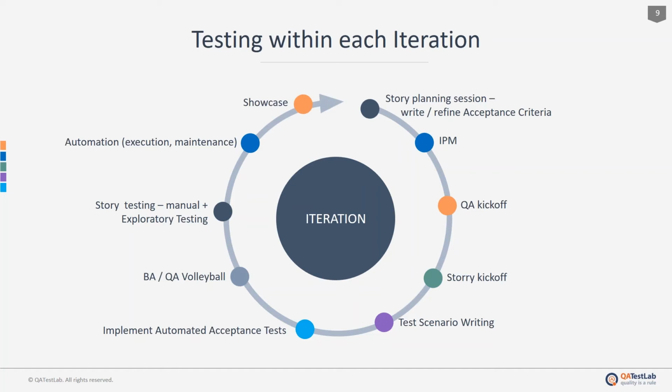Then comes the iteration planning meeting, IPM. The IPM is a forum for the QAs to understand the business priorities and which stories are going to be played in the iteration from the business stakeholders. The QA team should make full use of this opportunity and ensure the following.